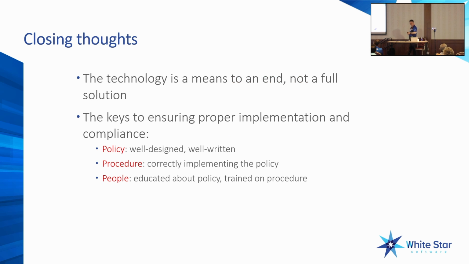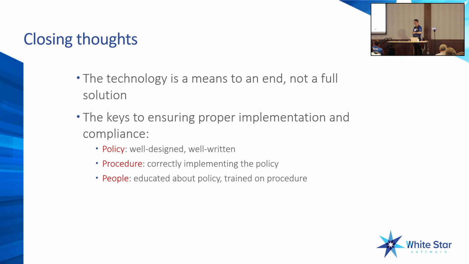So, encryption is not a security solution in and of itself. It's a necessary condition, but not a sufficient condition for security. You need to have policies that articulate in writing what you plan to do, what you consider secure, what you want to encrypt.